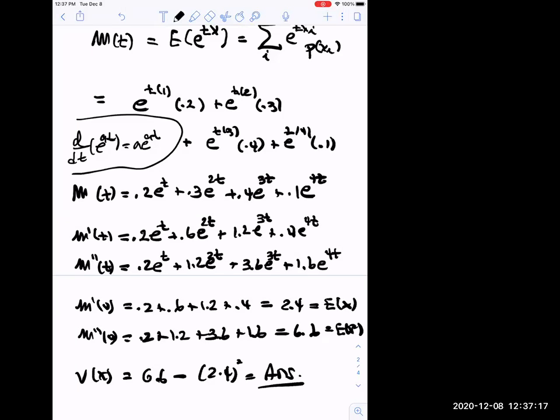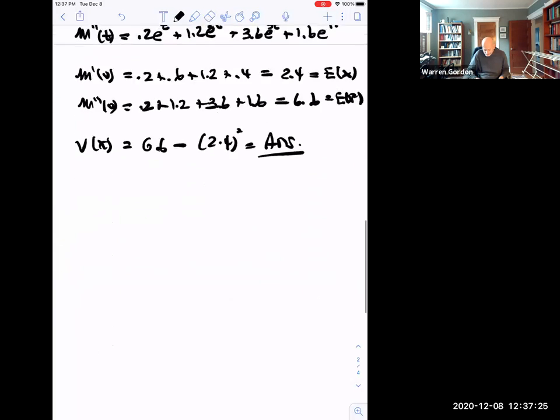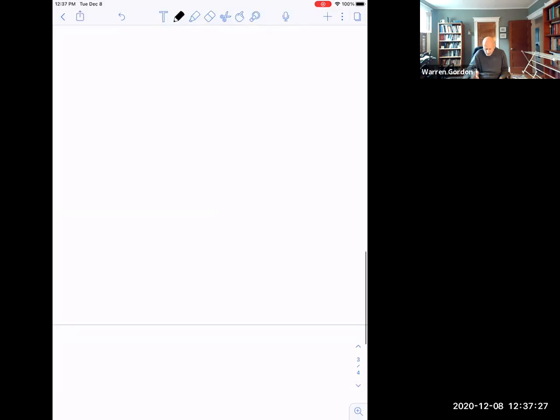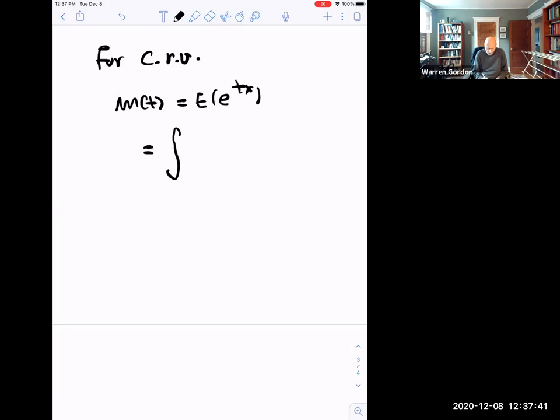I think at one point we did integration by parts in order to solve some of the problems. Well, Tatiana, that was when you're looking at a continuous random variable. For a continuous random variable, the moment generating function is defined to be, again, E to the tX, but that turns out to be just the integral, say from minus infinity to infinity.